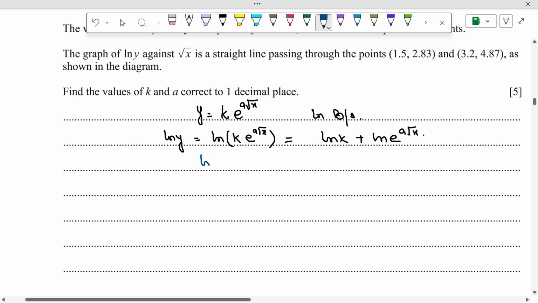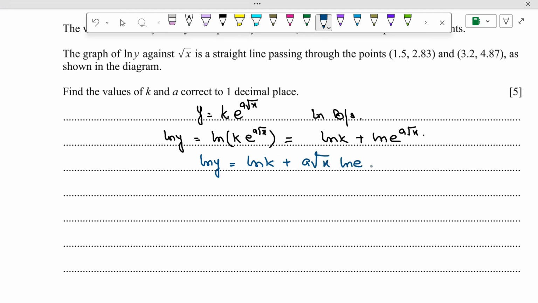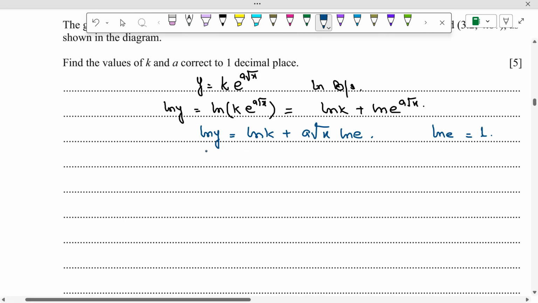So ln y equals ln k plus a root x ln e, and we know that ln e equals 1. So we will have ln y equals ln k plus a times root x.